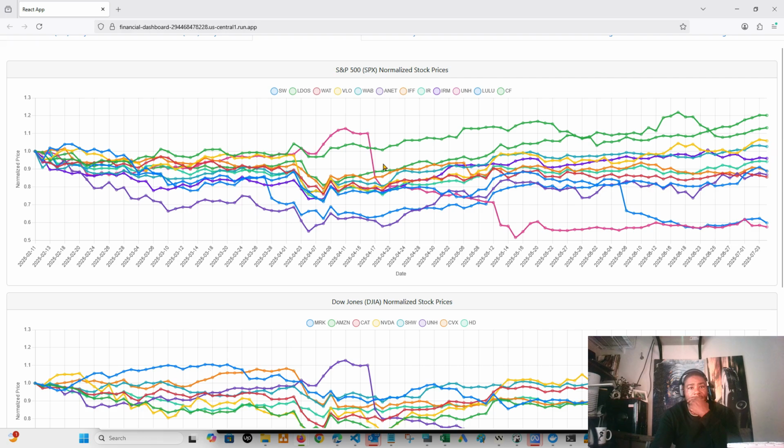So what do we got? Nvidia is a good one to look at, and Caterpillar is also a good one. Household names: VLO is there, Walgreens, CF, IRM.